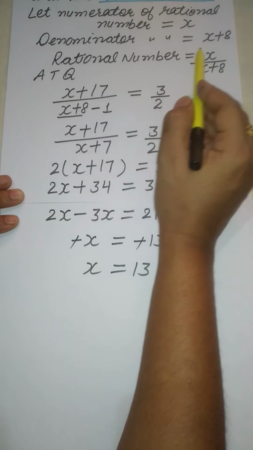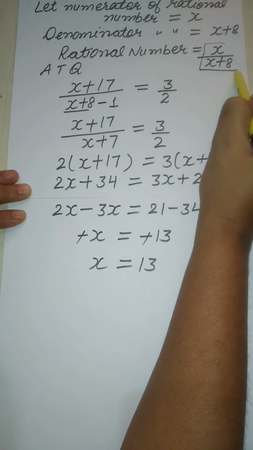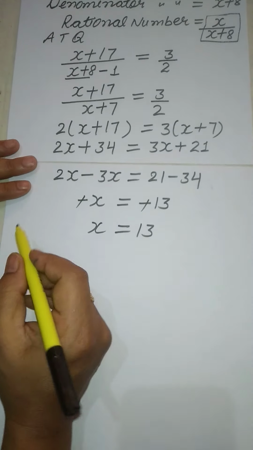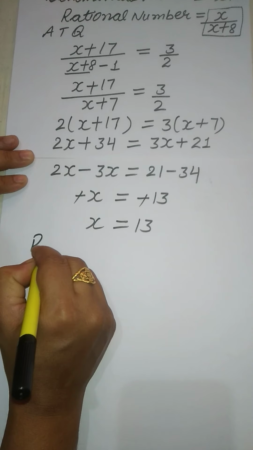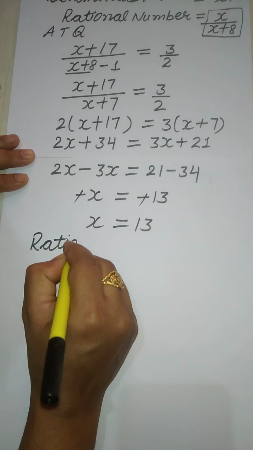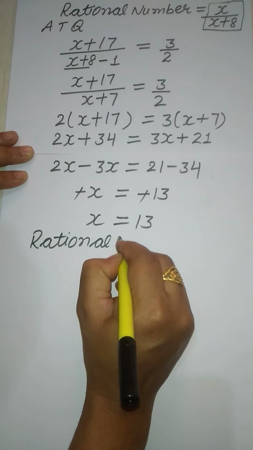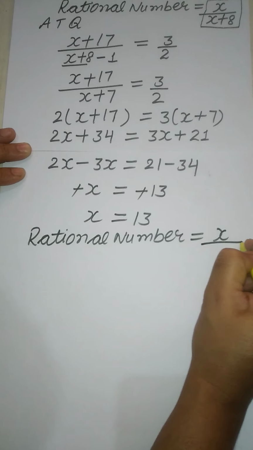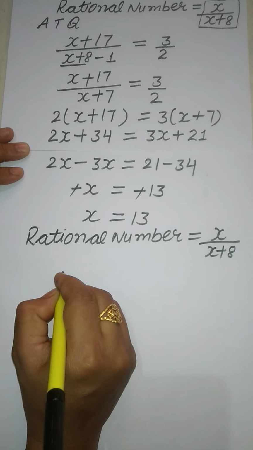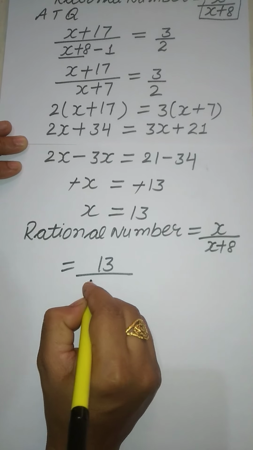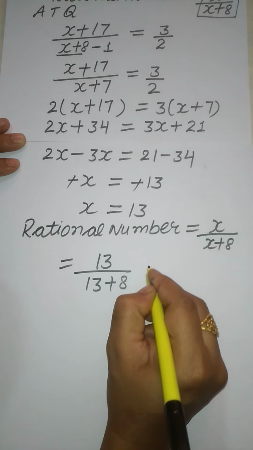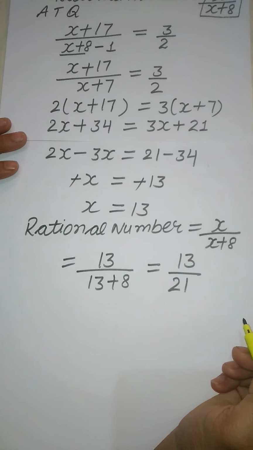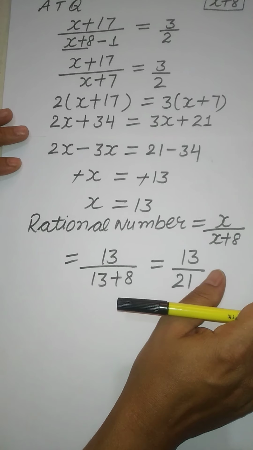The rational number is x upon x plus 8. So the rational number is equal to x upon x plus 8, that is 13 upon 13 plus 8, that is equal to 13 upon 20. This is the required answer.